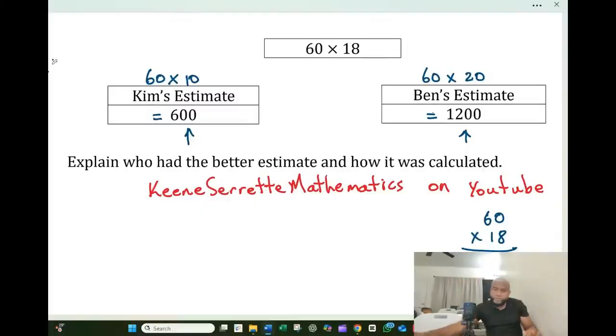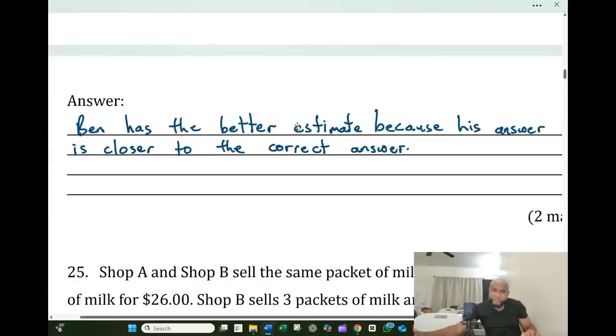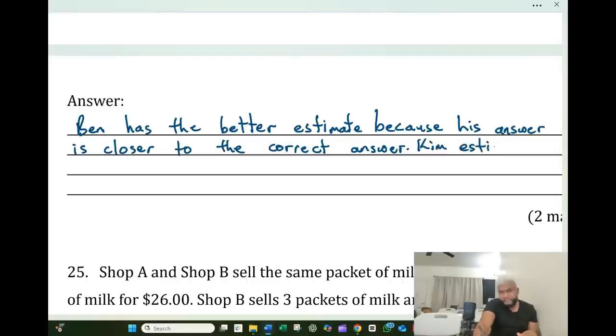So we need to write this though. Kim rounded the 18 down.